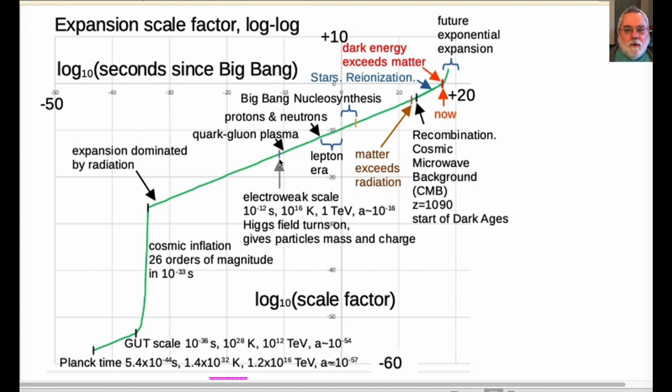The radiation particle energy is falling below the mass of the Higgs boson. The Higgs field turns on, breaks electroweak symmetry, and gives other elementary particles their mass and their electrical charge. The color charge of quarks and gluons probably existed before this time.